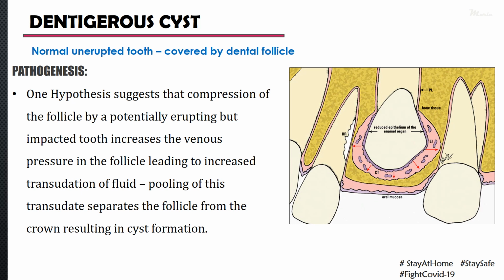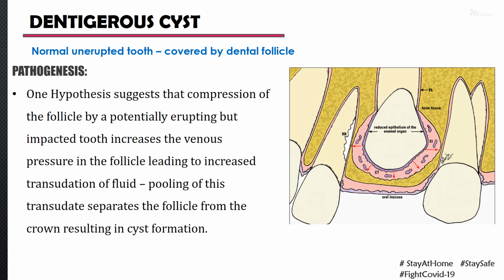There are various theories proposed to suggest this accumulation of the fluid. The commonly accepted hypothesis suggests that there is compression of the follicle by the potential eruption of a tooth.